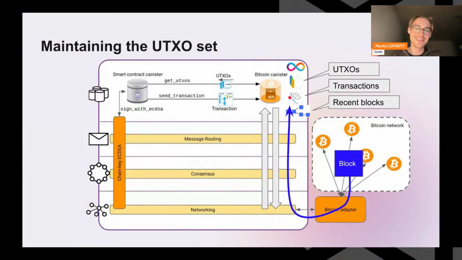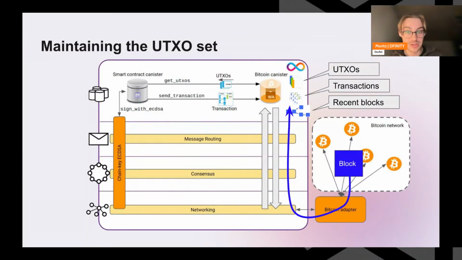And then next, this is a bit technical now, the block making replica for this round, so basically the leader for this round, provides the requested blocks to the Bitcoin canister through consensus. So all the nodes in the Bitcoin activated subnet have to agree that the requested blocks are the blocks that they see as well.